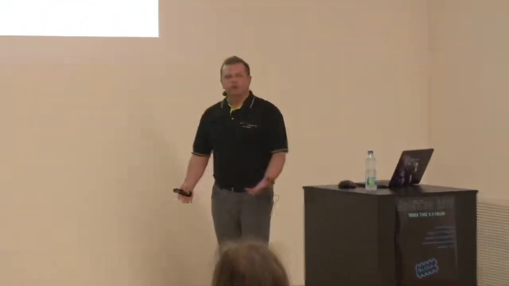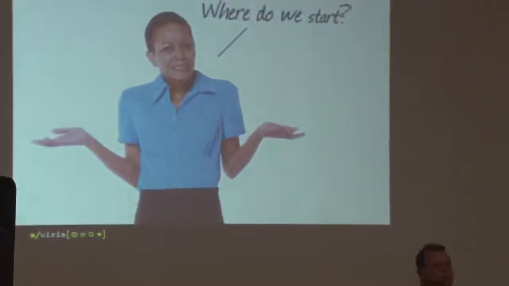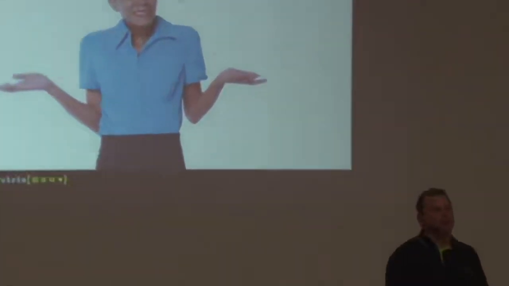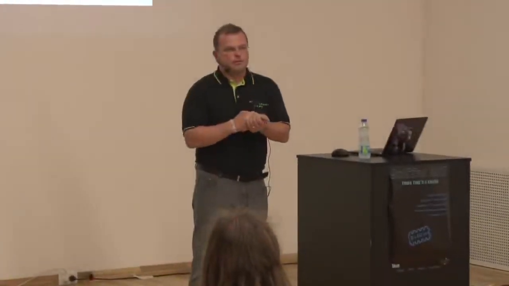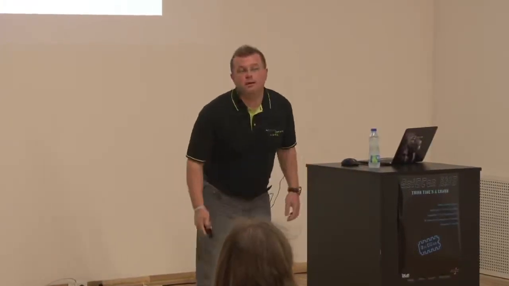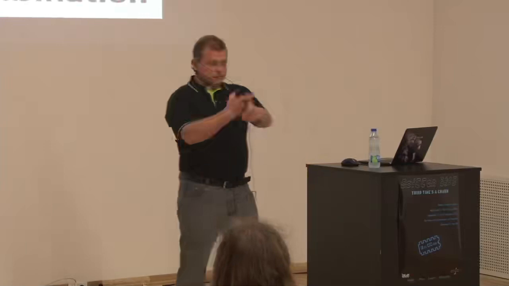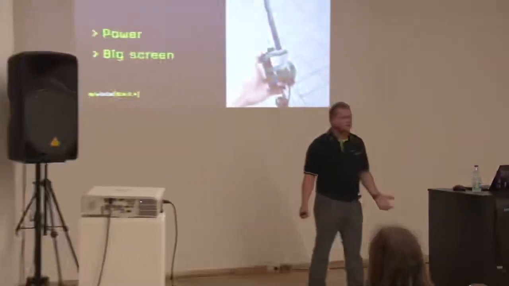Okay, but before we start, what do we need? What do you need if you want to see what's actually going on in Wi-Fi? Wireless card, yes. So you need hardware and software.